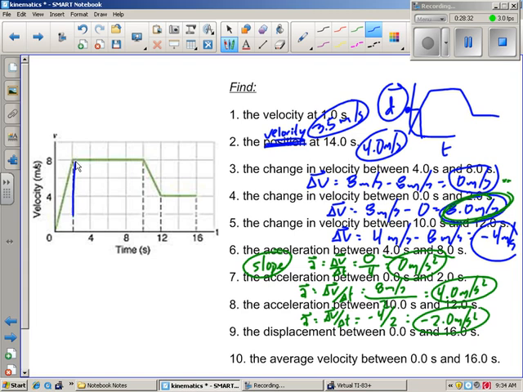Let's break this up into a triangle. We'll call that section 1. This is a rectangle. We'll call it section 2. This triangle is section 3. And then this rectangle right here is section 4.